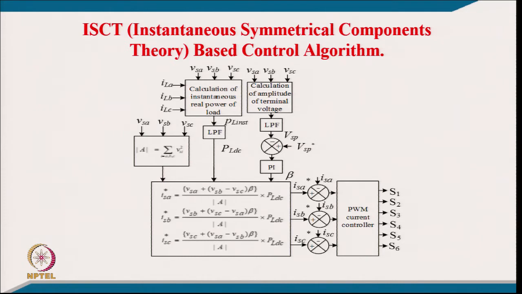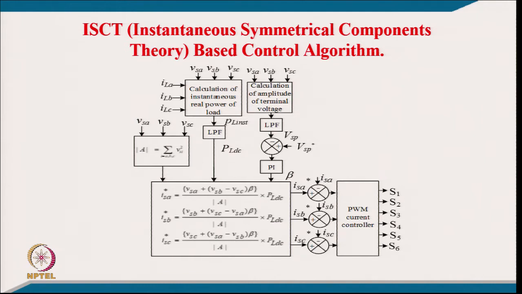Of course, if we have to maintain a self supporting DC bus, we have to add here the output of the PI controller on the DC bus. Another block is responsible for getting the voltage amplitude from this voltage, and then after the low pass filter we take the amplitude of the voltage, and passing through a PI controller we consider this the angle to be used in this control.